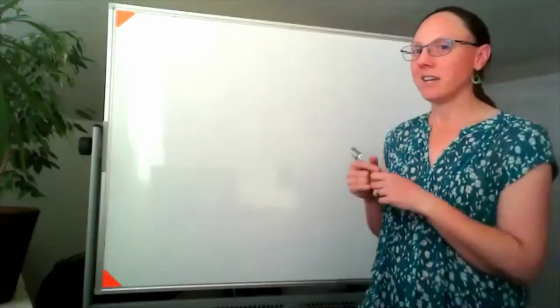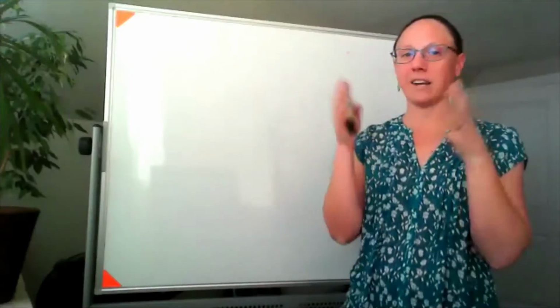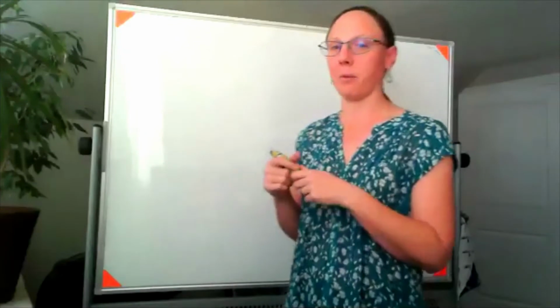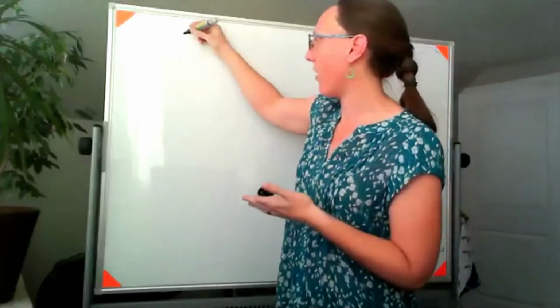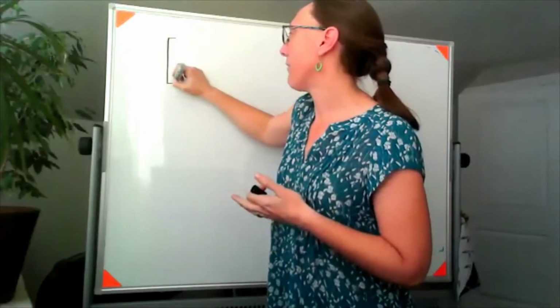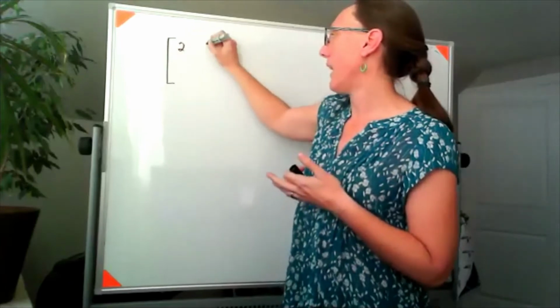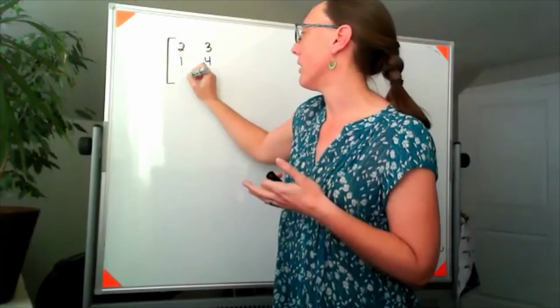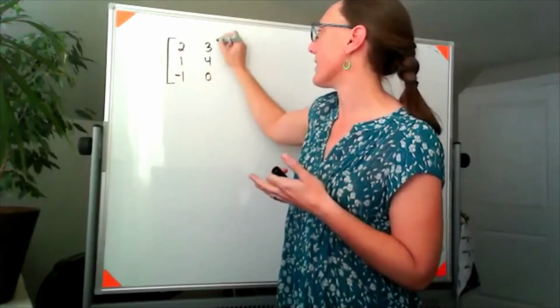The matrix is really just a way of organizing information. Now, it's a little bit different from a table, which might be how we normally think about Excel. But if I draw a matrix and I put in, let's see, 2, 3, 1, 4, -1, 0.